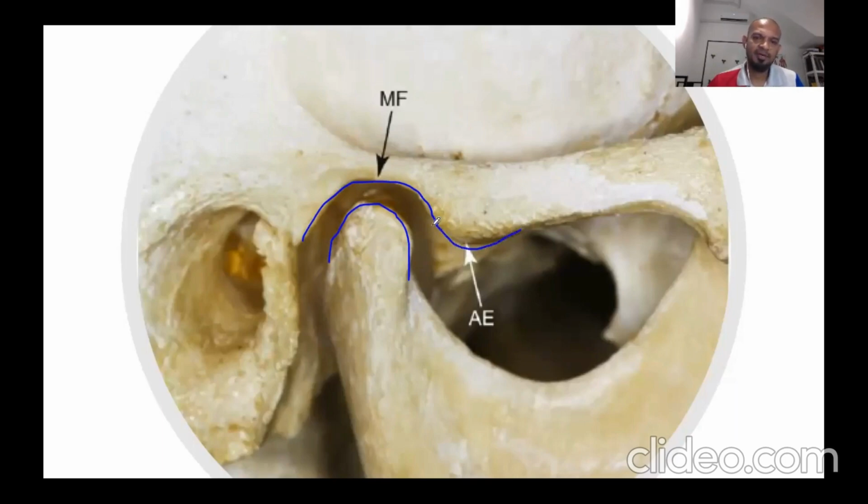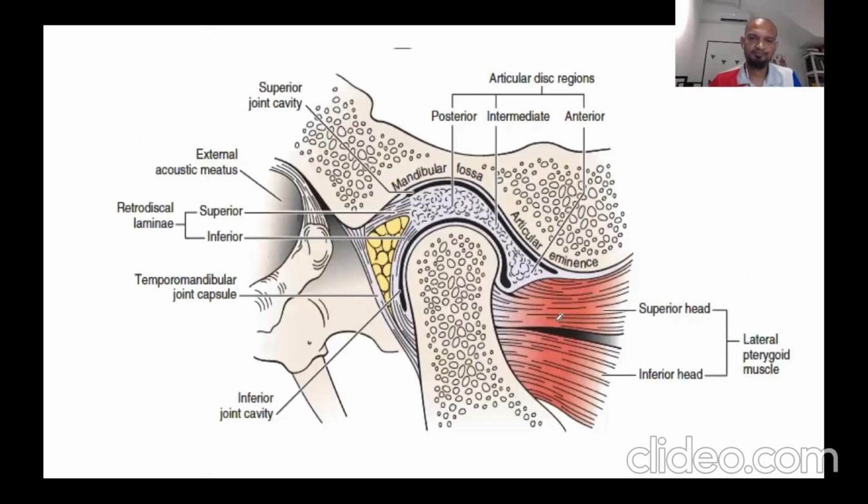And the disc will be located in between this joint, and you have the auditory meatus here. So when we look at it closer, we have the disc in between the mandible, the mandibular fossa, and the articular eminence. Now the disc is actually made up of three regions. One is the posterior region, the second, the intermediate, and the anterior region.